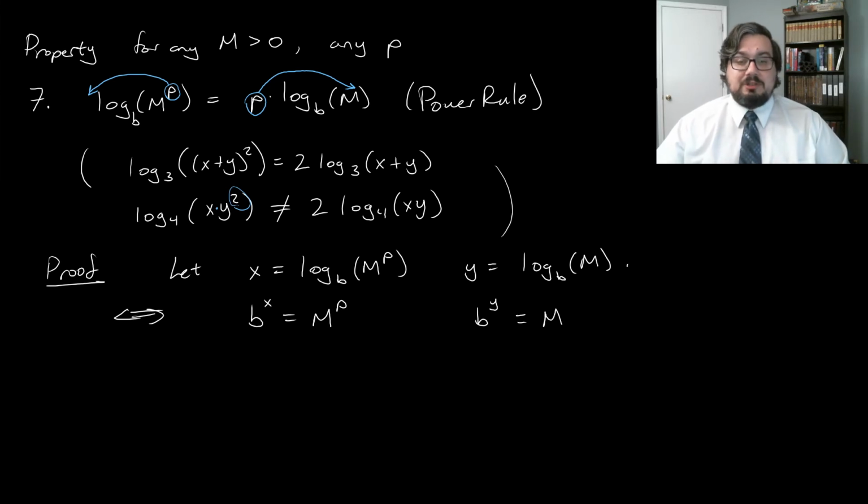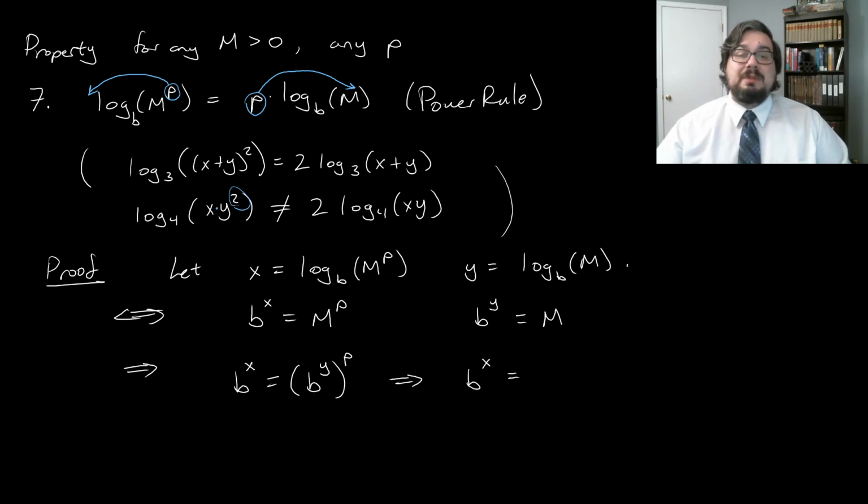Those are just the exponential forms of the logarithmic expressions. Now, if b to the y equals m, that means that in this left-hand expression, instead of writing m, I could write b to the y. And so I get that b to the x is equal to b to the y, to the p.